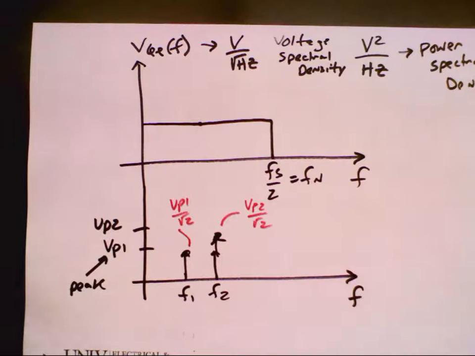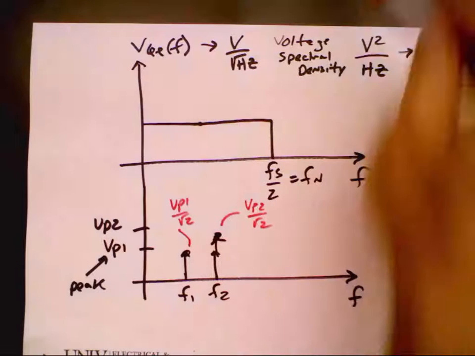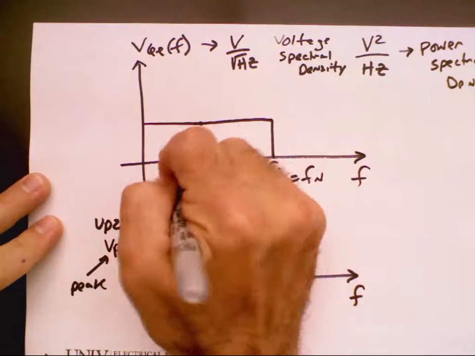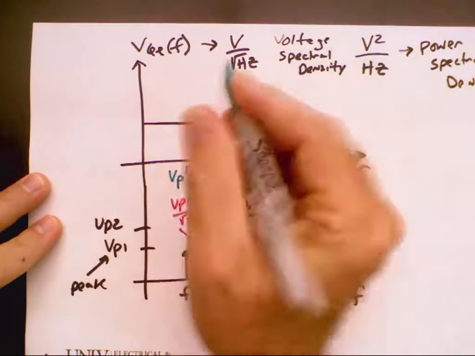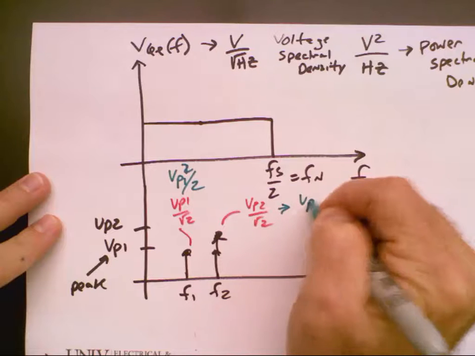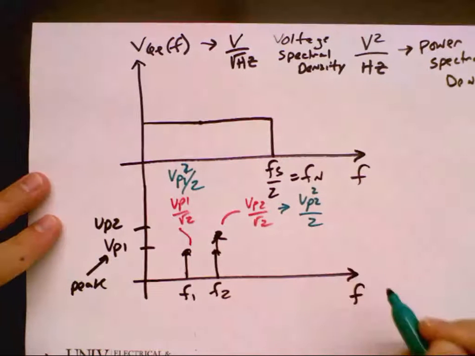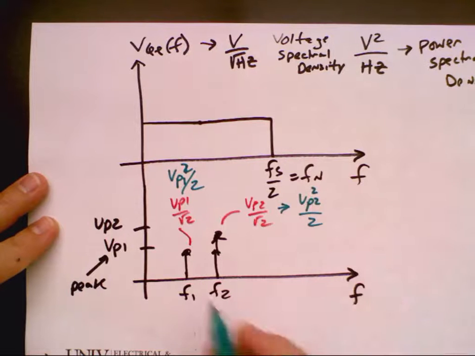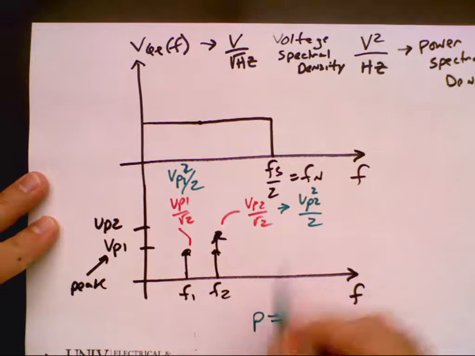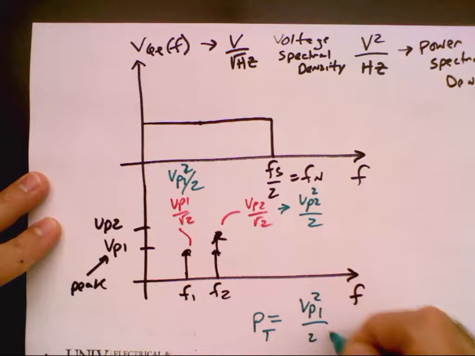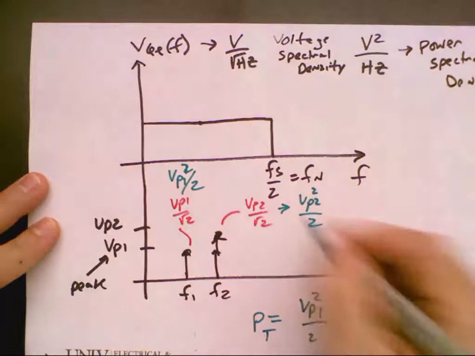But I can't add the RMS values, I can only add the powers. So then I'm going to write the powers as VP1 squared over 2, and this one as VP2 squared over 2. Then I'm going to say the total power is equal to VP1 squared over 2 plus VP2 squared over 2.